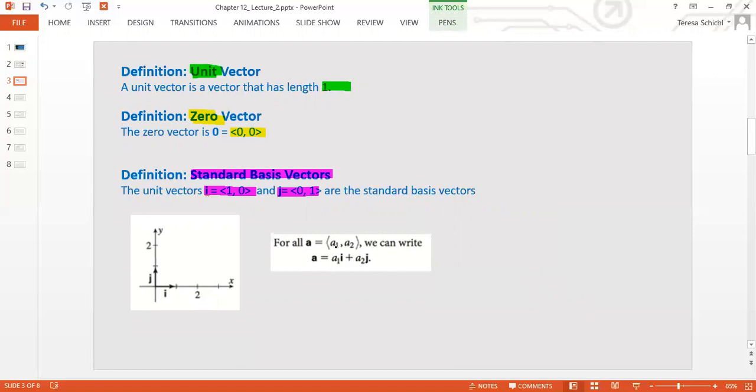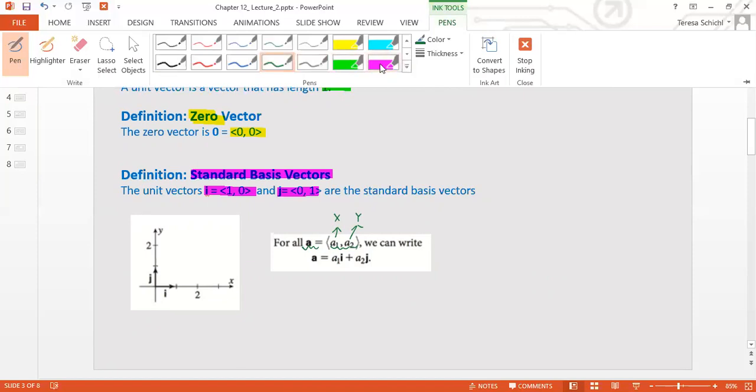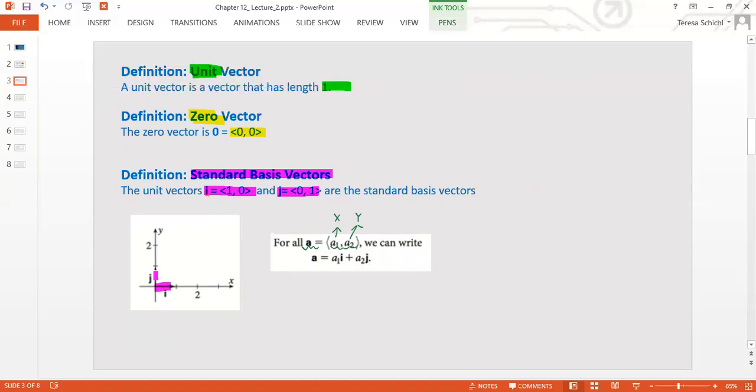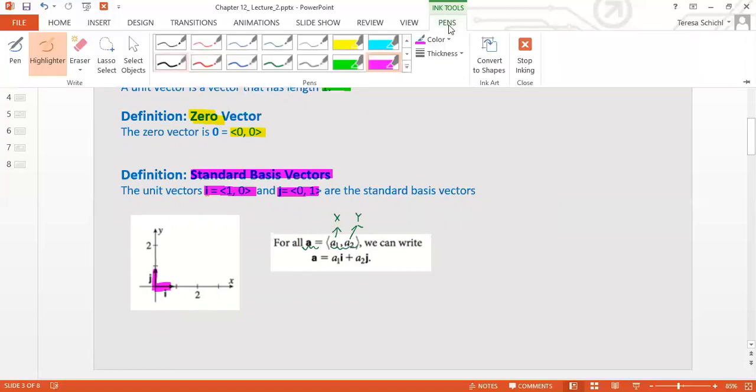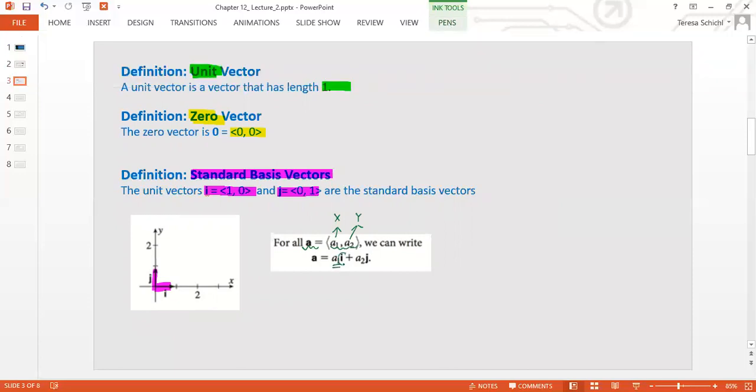If the vector a is (a1, a2), a1 is the x coordinate and a2 is the y coordinate, and these correspond to the unit basis for x and the unit basis for y. So you can always write it as a1 times i plus a2 times j.